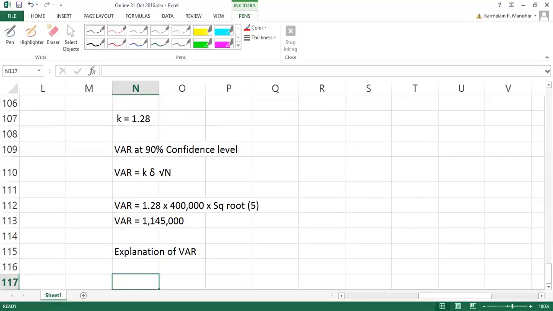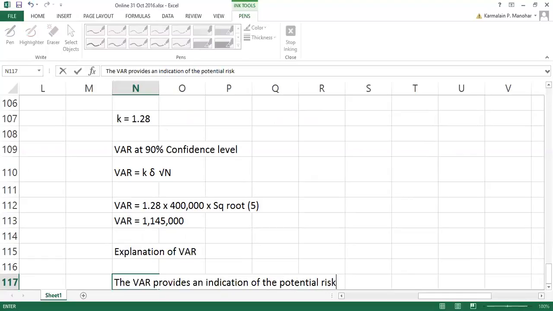So I can say VAR provides an indication of the potential riskiness of a project.